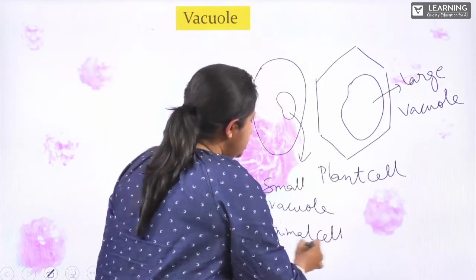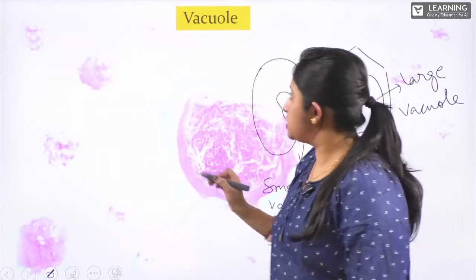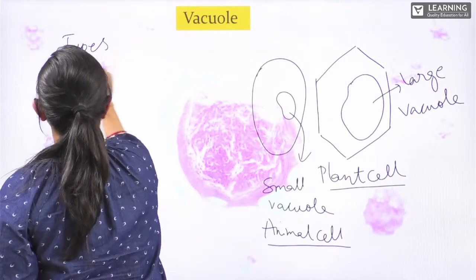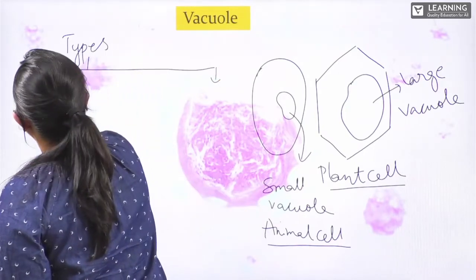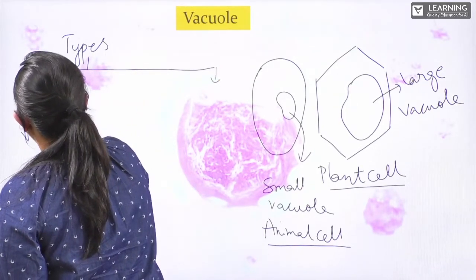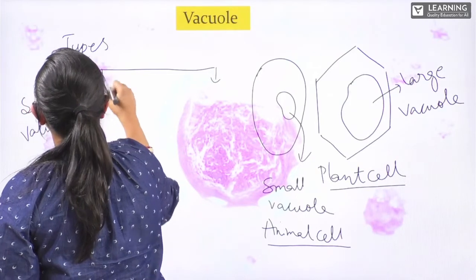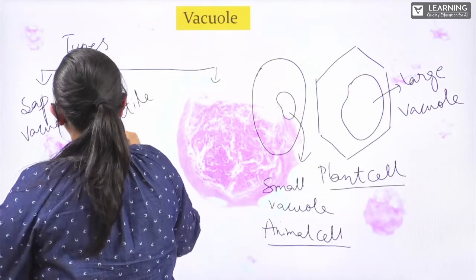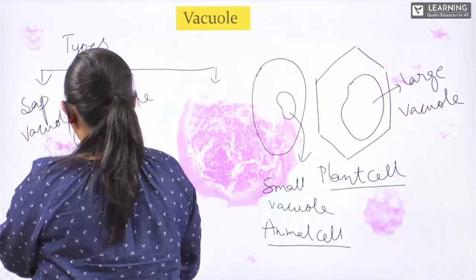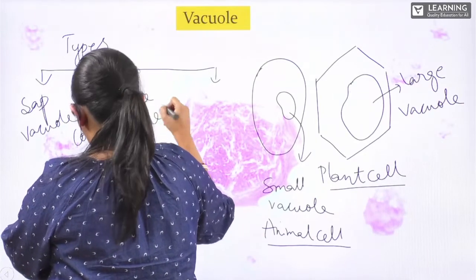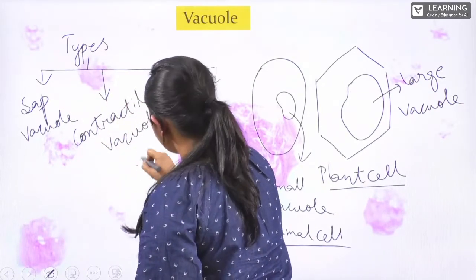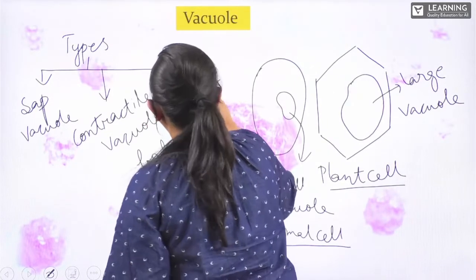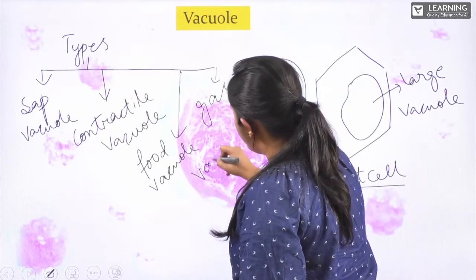Now, there are various types of vacuoles again. What are the various types of vacuole? The various types of vacuole are sap vacuole, then contractile vacuole, then food vacuole and gas vacuole.